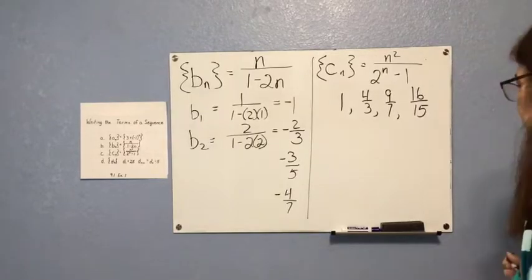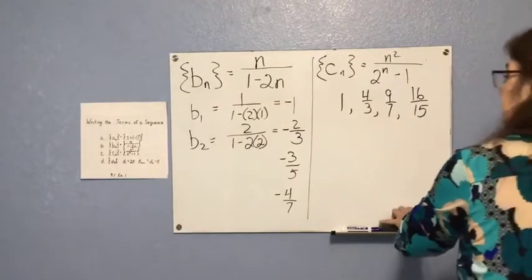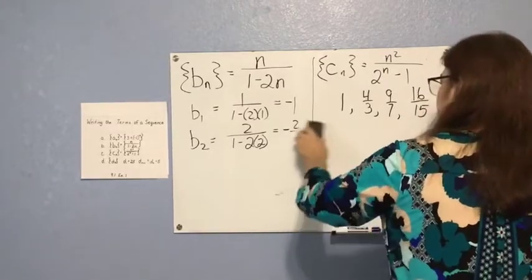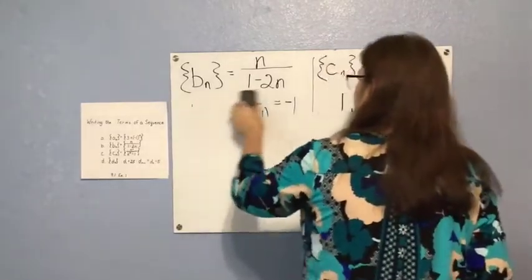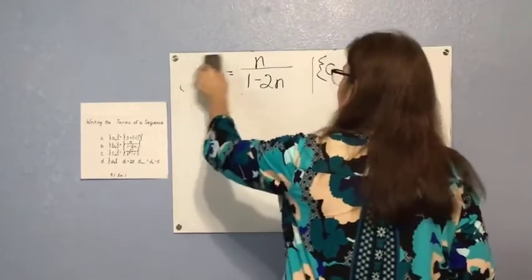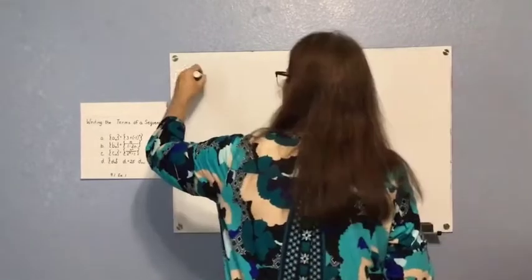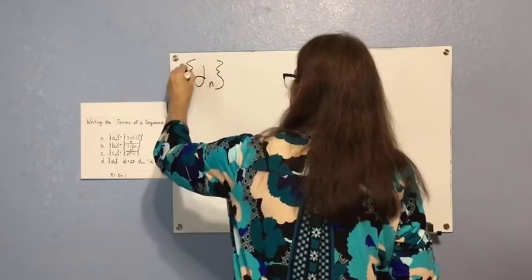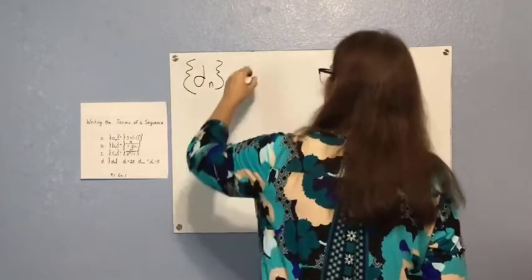function, but there is another way that we can write a sequence, which is called a recursive rule. Let's look at one of those. If I have this sequence d sub n, I might write it this way.